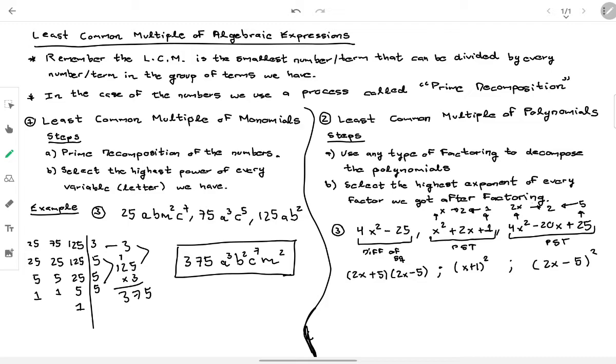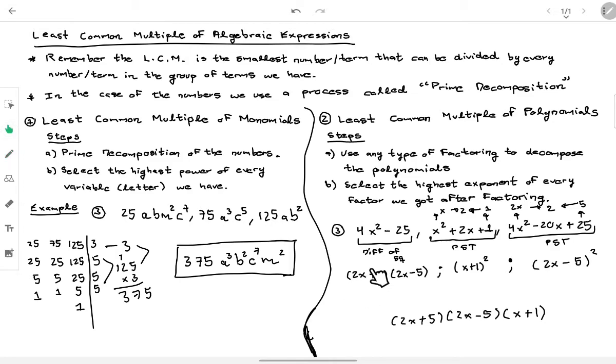And then remember, to know the answer, we need to write every factor we have. So in this case, we have the factors 2x plus 5, 2x minus 5, and we have also the x plus 1. And then we need to select the highest exponent of every factor.